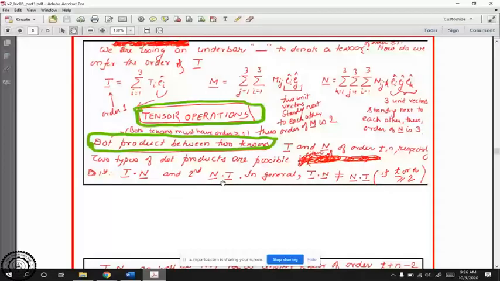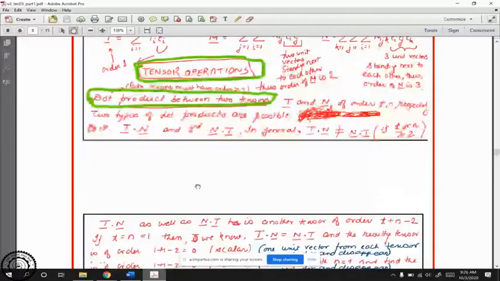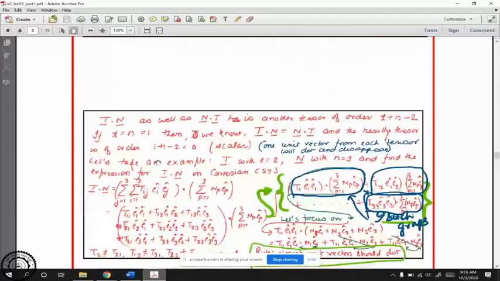So far you have dealt only with vectors, in which the order is 1, and there it doesn't matter. A dot B is B dot A, we know that. But that happens only when both the tensors are vectors. If either T or N, or both, are of order greater than or equal to 2, then T dot N is not the same as N dot T. All right, and I will illustrate this.